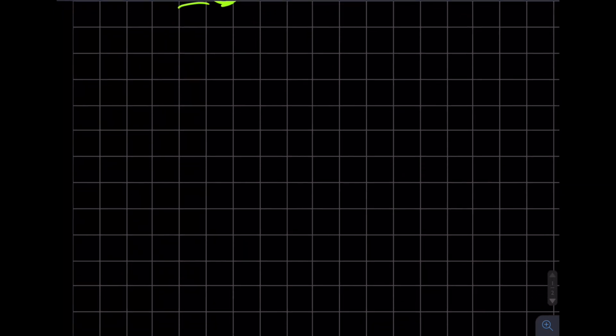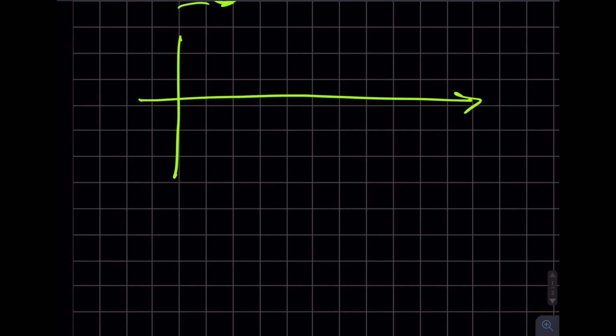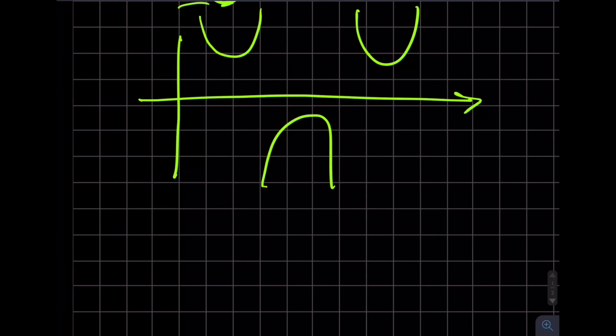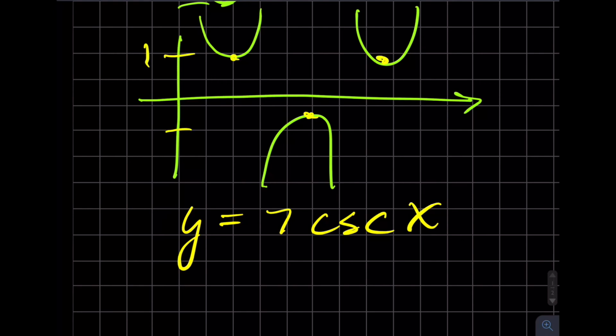Now it works the same way in our cosecant, secant, cotangent, tangent functions. It would just look a little different. For instance, if my cosecant function looks something like that, if I had an amplitude, y equals 7 cosecant x, then instead of these little bumps occurring at 1 and -1, they would occur at 7 and -7.